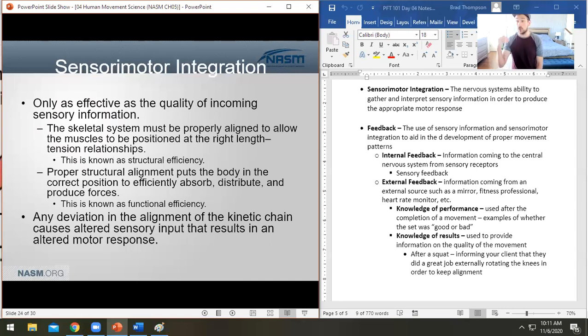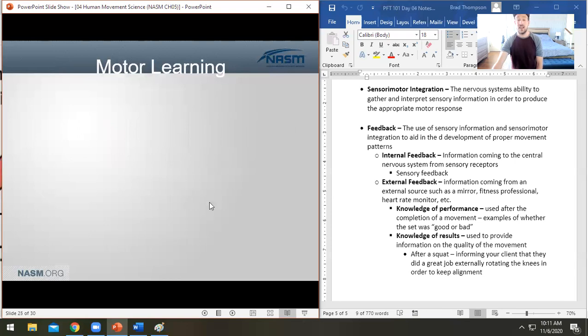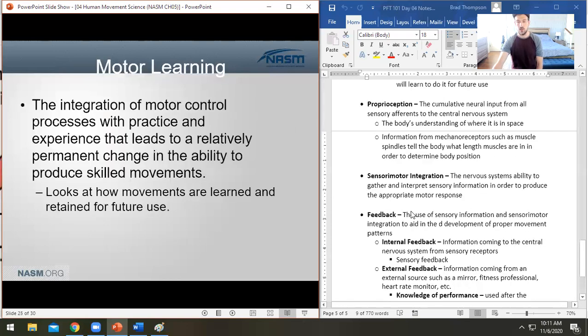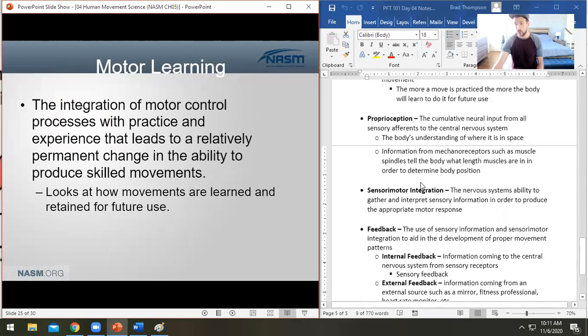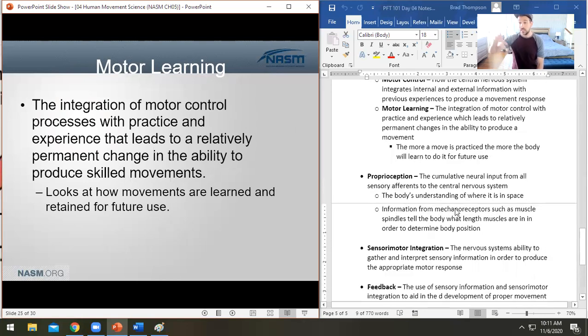We need to learn how to recruit the right muscles at the right time for the right amount of force, and again, that all kind of comes back down to our motor behavior. That's what we call motor learning, right? Motor learning, taking information in and through practice and repetition over and over again, we get better and better at these movements, right? So it looks at how movements are learned and how those movements are sort of retained for future use, right?